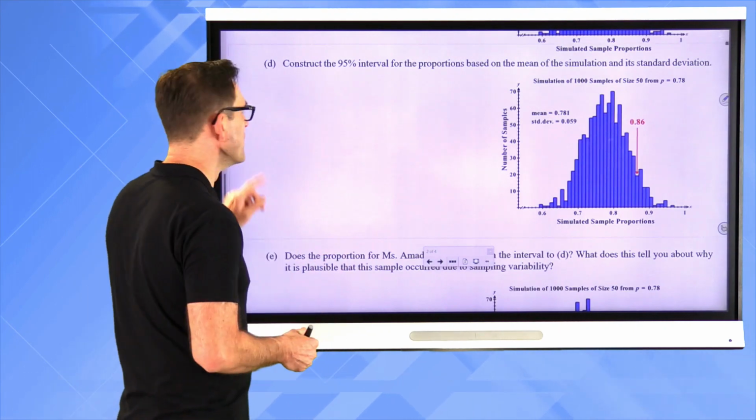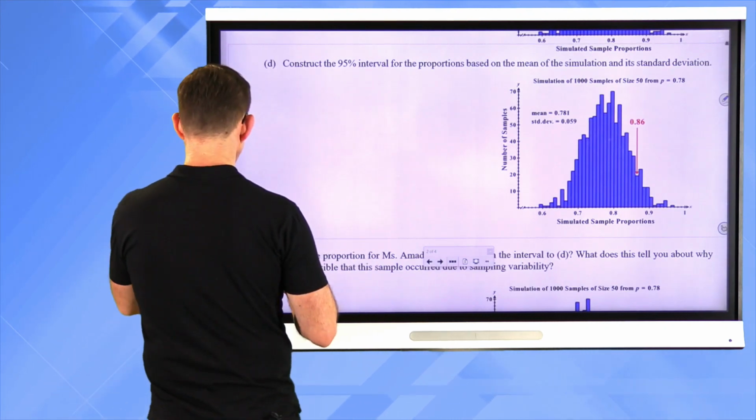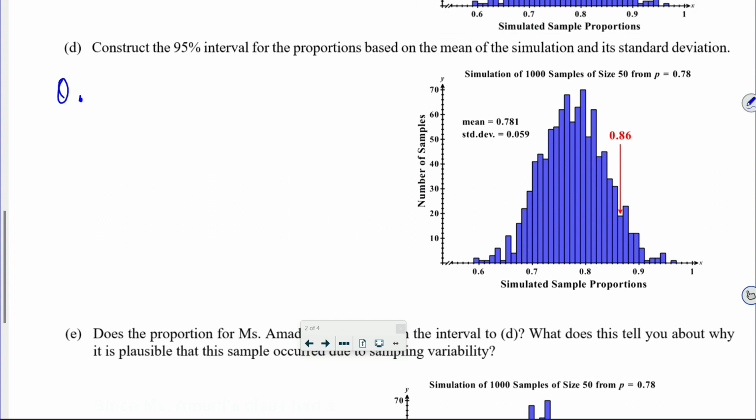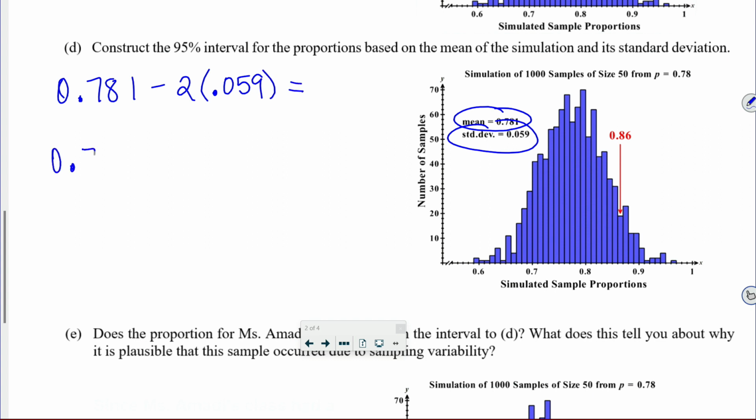So let's go through this together. What we'll do is take our 0.781, this number, and subtract 2 of our standard deviations, 0.059, and we'll get our lower bound. Then we'll take 0.781 and add 2 of our standard deviations.